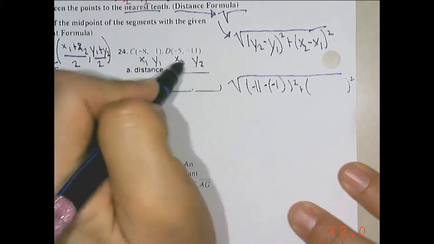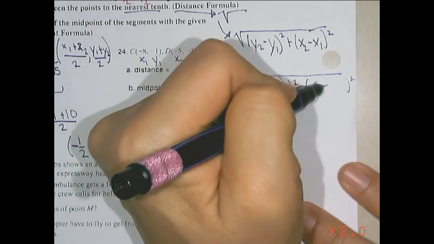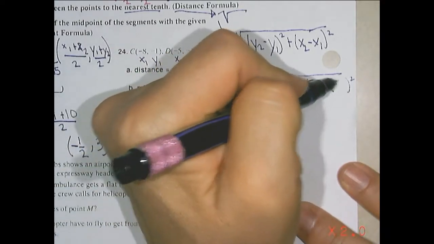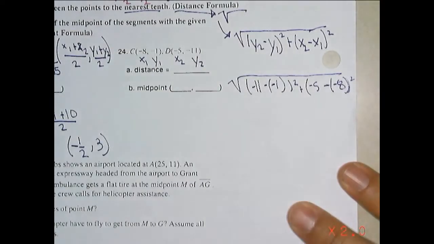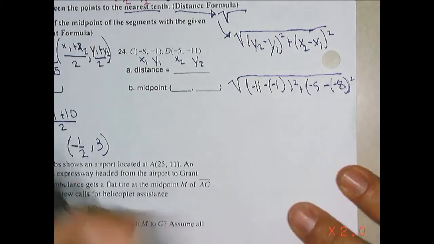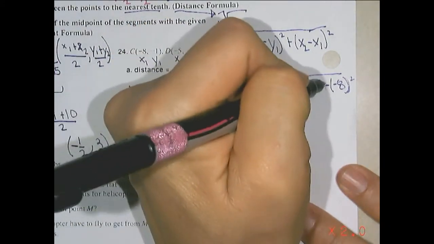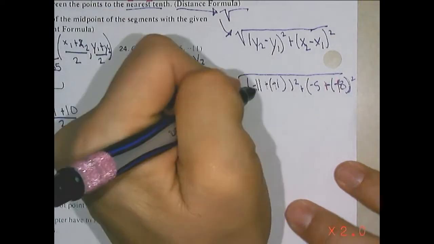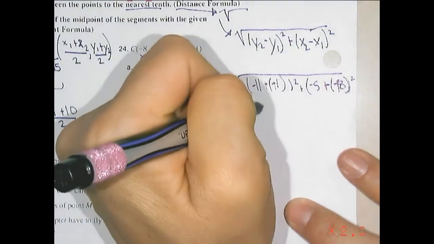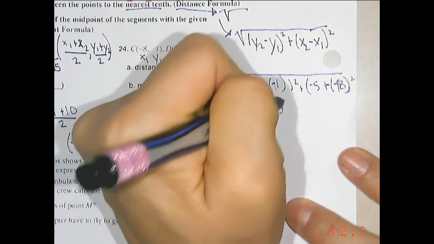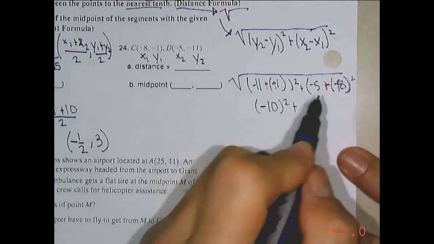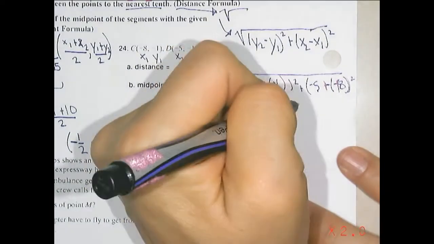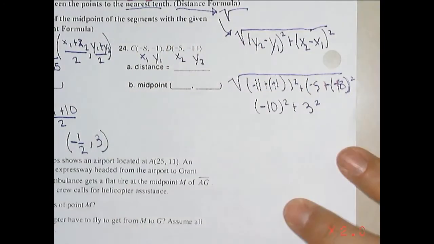And I'm going to take negative 5 and subtract negative 8. All right, and let's remember here, two negatives become a positive. So I will have negative 11 plus 1, and that's going to be a negative 10. That's going to have to be squared. And I'm going to have a negative 5 plus 8, and that's going to be 3, and that's going to have to be squared.